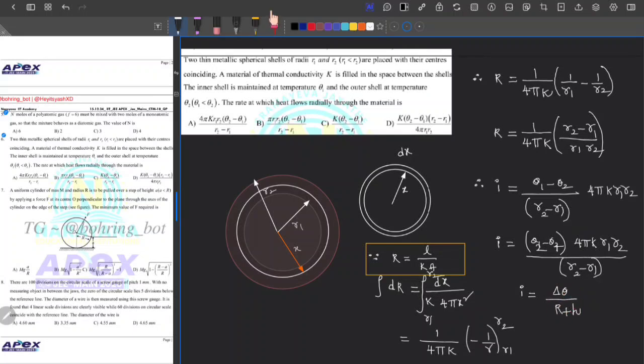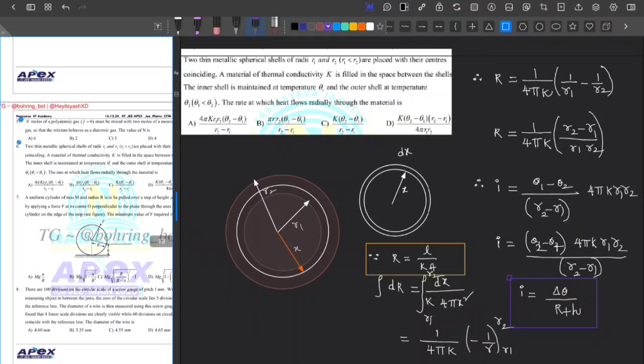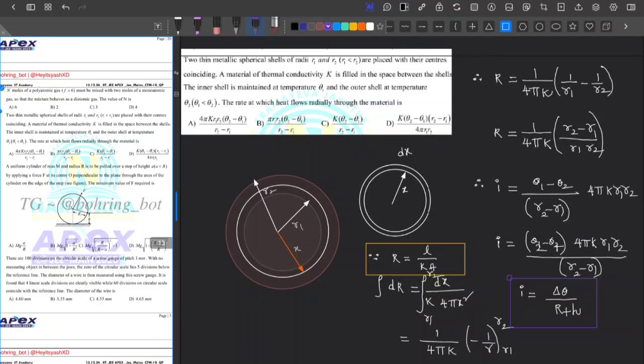You need to keep this formula also in your mind to solve this kind of problem, right? This formula is important, so please keep that in your mind. That formula is also important. Clear? Check. That was question number 6 on heat transfer.